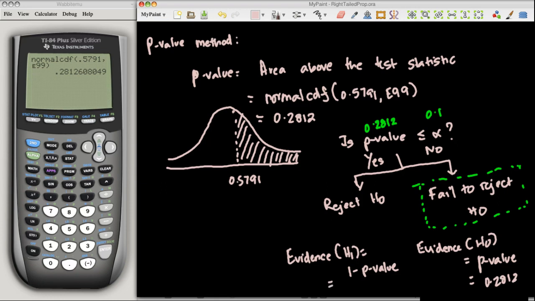Evidence toward the alternative is 1 minus 0.2812, which is 0.7188. So you look at it and say, well, this means there's about 71.88% support toward the alternative and 28.12% support toward the null. It seems like the alternative is more likely to be true, but that is not the case here.